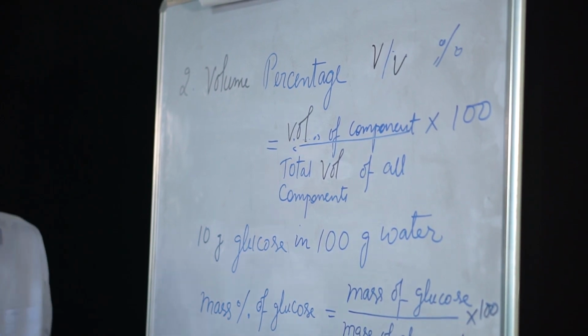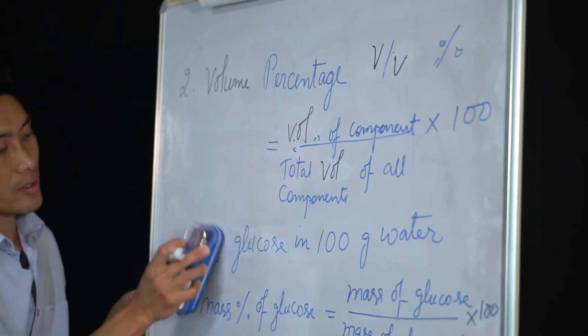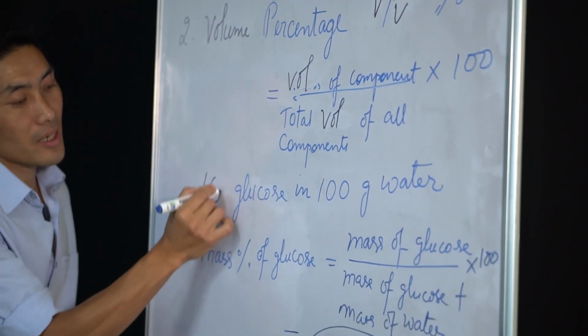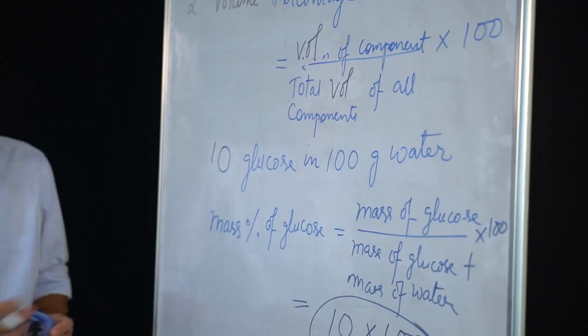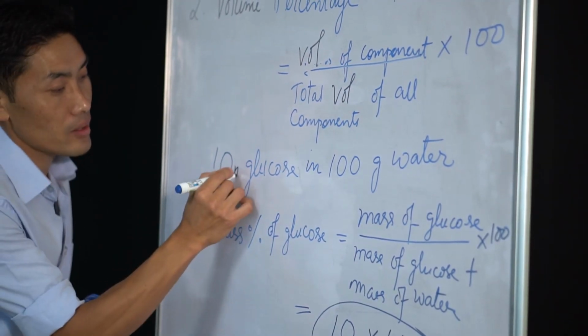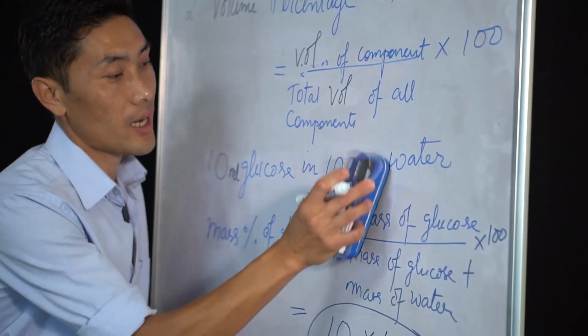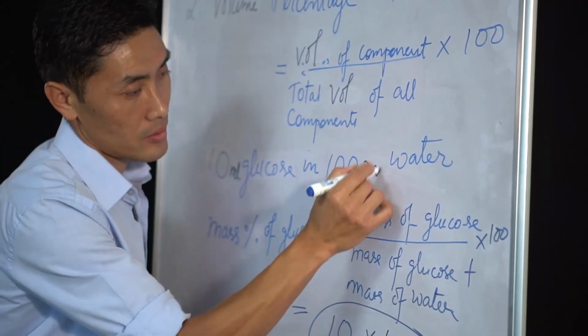So suppose we have 10 ml of glucose dissolved in 100 ml of water.